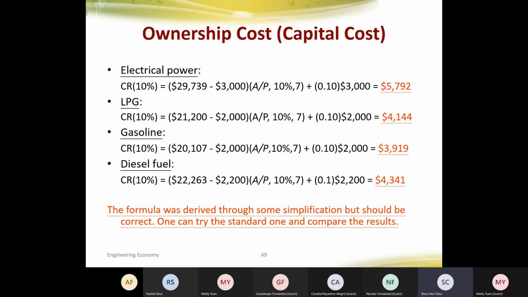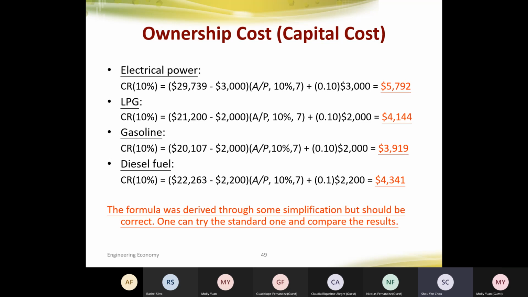So first we compute their ownership costs, and this equation is a simplification of the equation, so I won't be able to explain it in depth, but basically, let's just say we trust how they came out with this. So we have the so-called capital costs, ownership costs, with a 10% discount rate. Okay, we can compute for each alternative, and we get these four numbers.